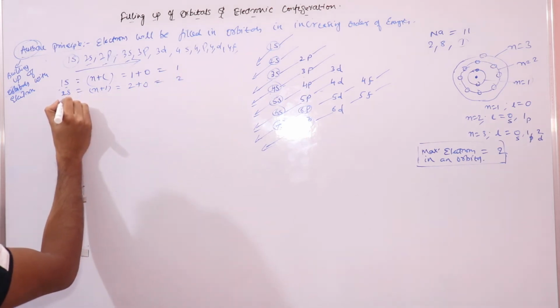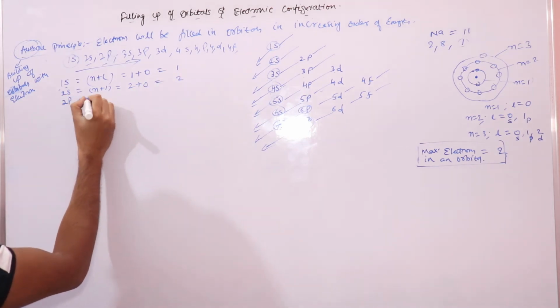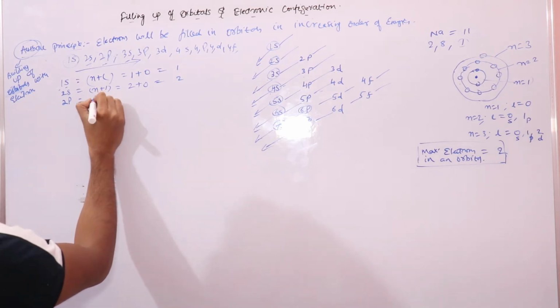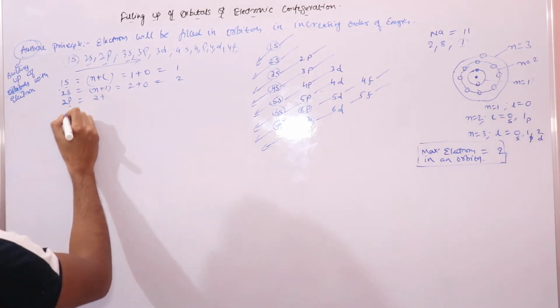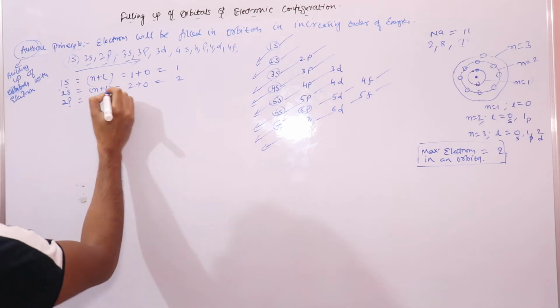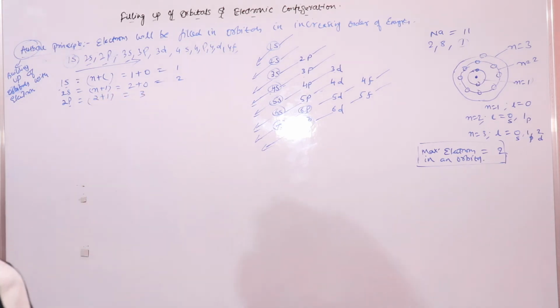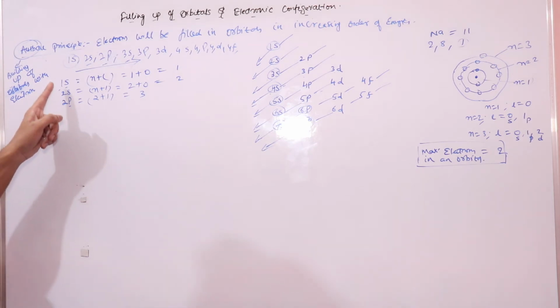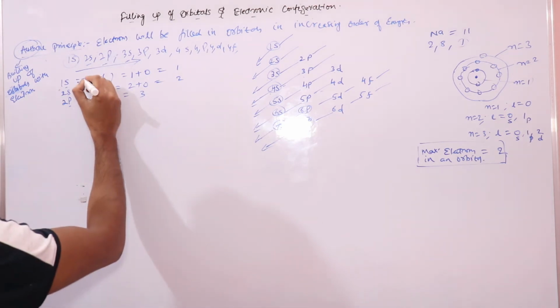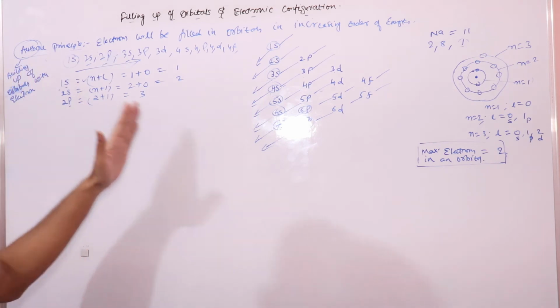For 2p, n is 2 plus the value of L for p, which is 1, giving 3. So using the n plus L rule you can find the energy of these orbitals.